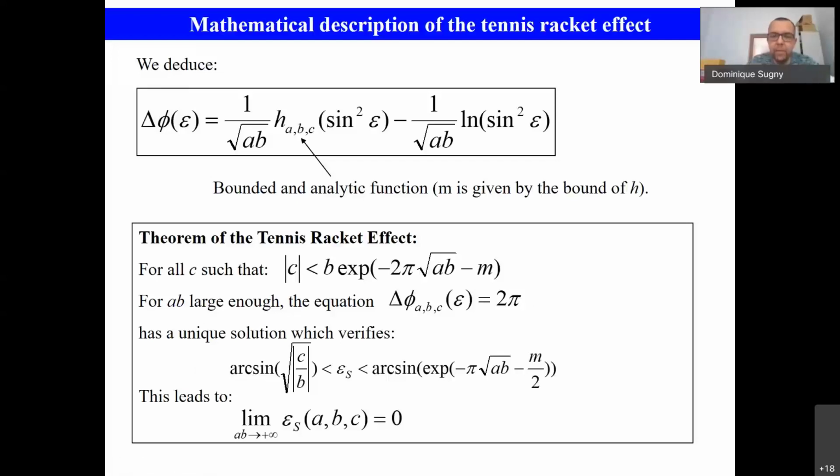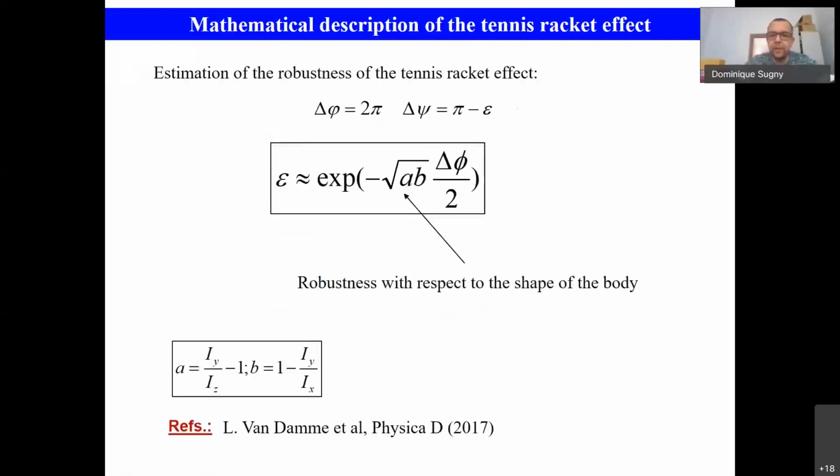But maybe for physical applications, it's more interesting to focus on this expression. And with this expression, I give, with a very good accuracy, the defect epsilon to a perfect tennis racket effect as a function of A and B.